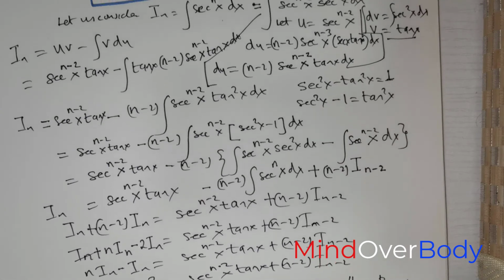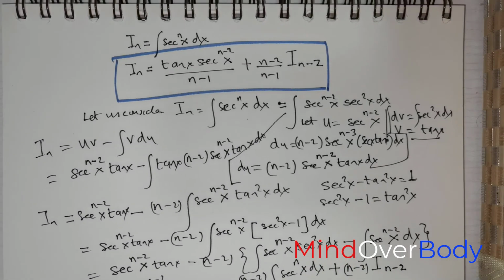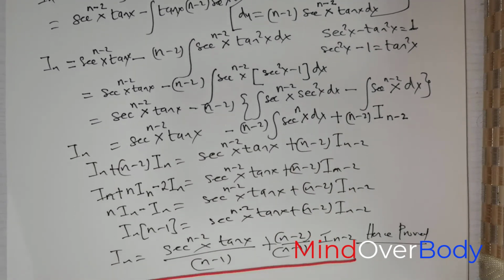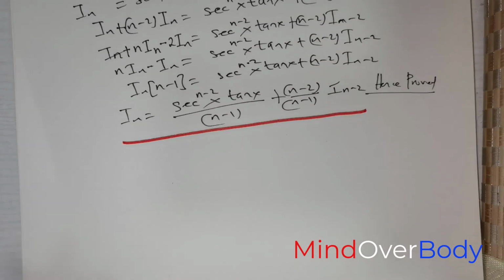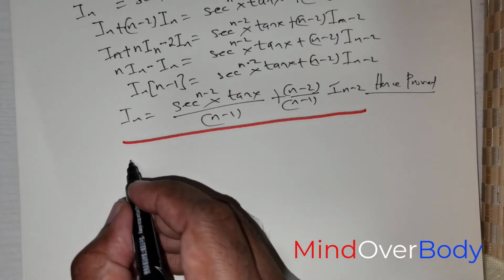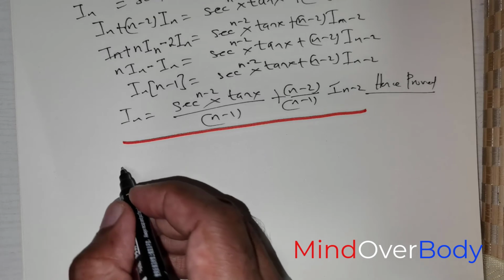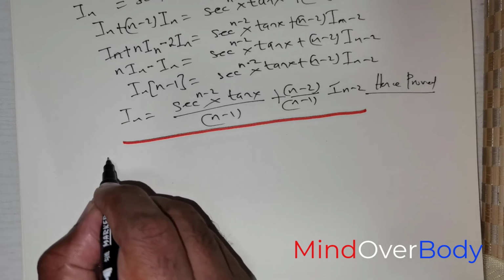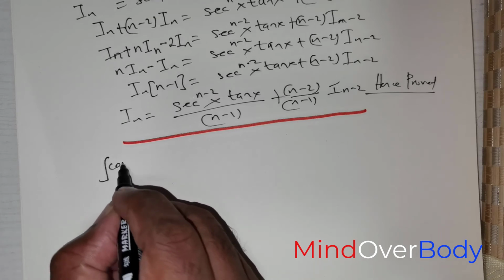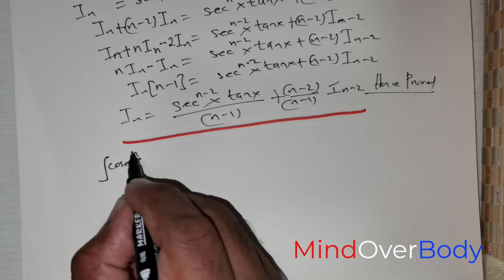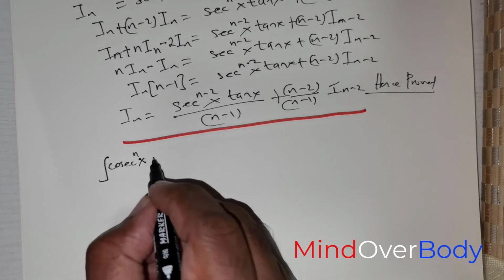So this is a beautiful question, and we will move on to the next question. Students, now having obtained the reduction formula for sin x, cos x, tan x, cot x and secant x, it's time that we obtain the reduction formula for cosecant raised to the power of n x dx.